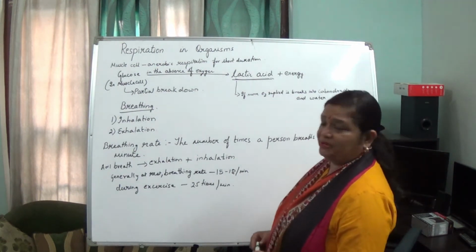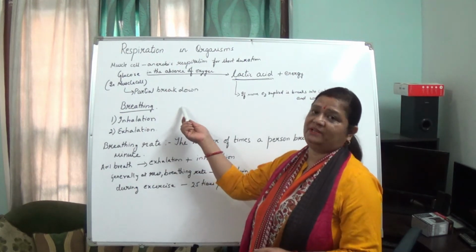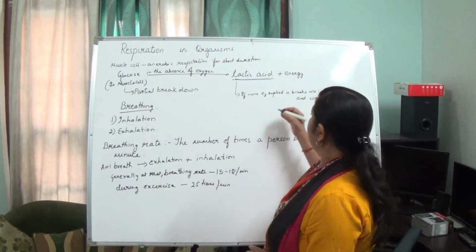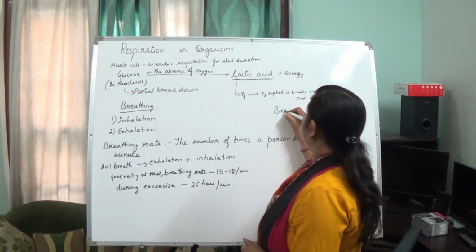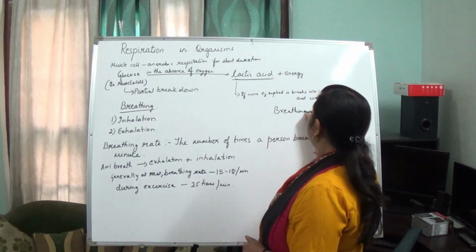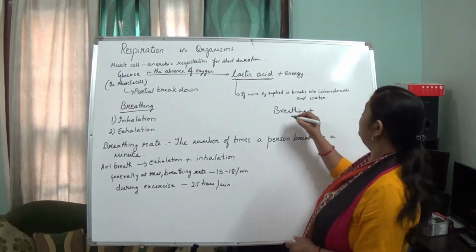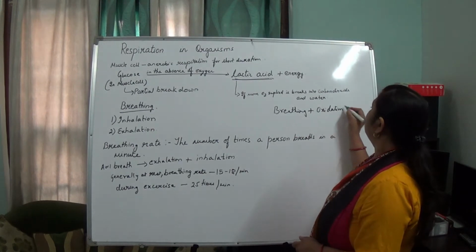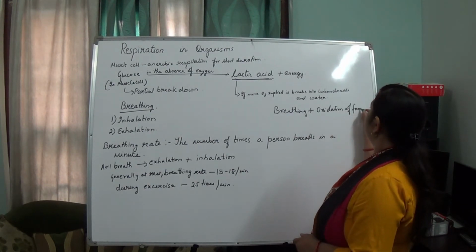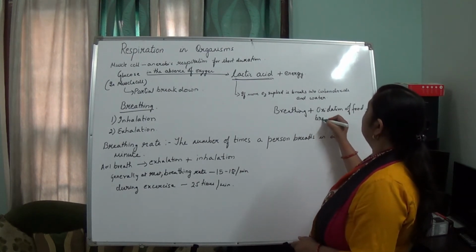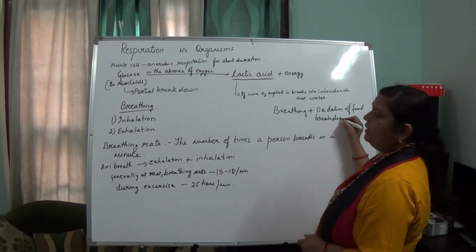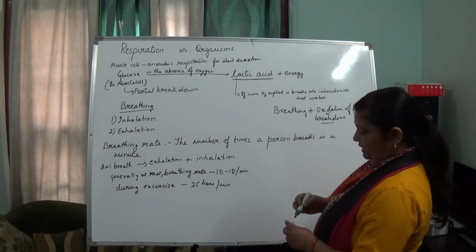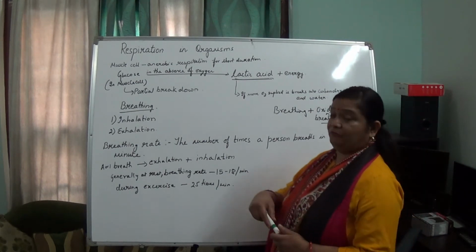Now coming to breathing. Breathing is a part of respiration, because respiration consists of breathing plus oxidation of food. In your language you can also say breakdown of food. What is breathing?